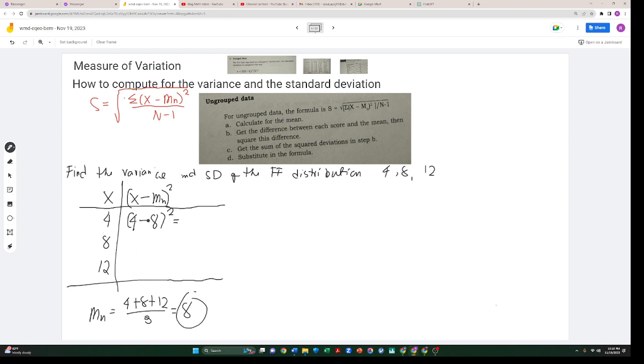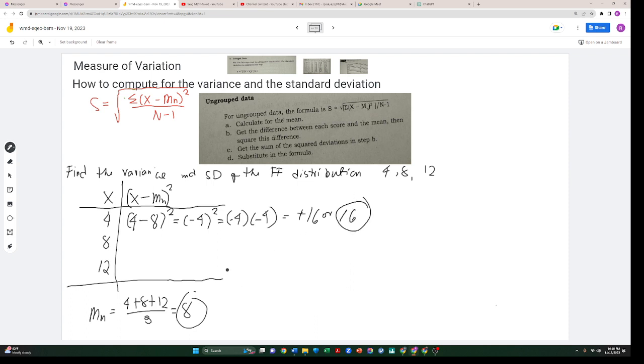So 4 minus 8 is negative 4, right? Then squared. Negative 4 times negative 4, because negative 4 is multiplied by itself. So therefore, it is equal to 4 times 4, 16, negative times negative is positive, so 16.